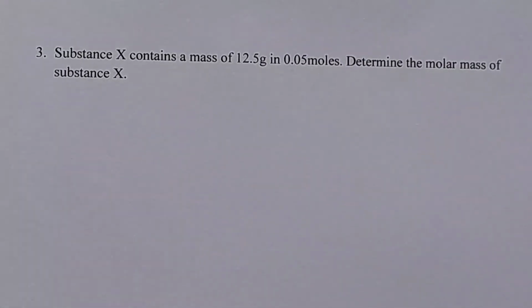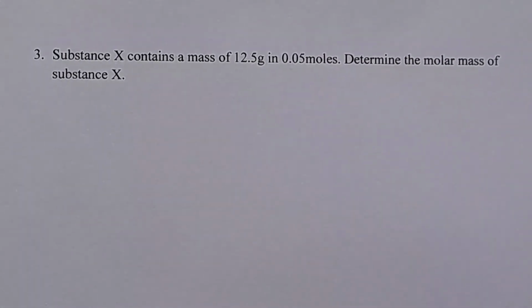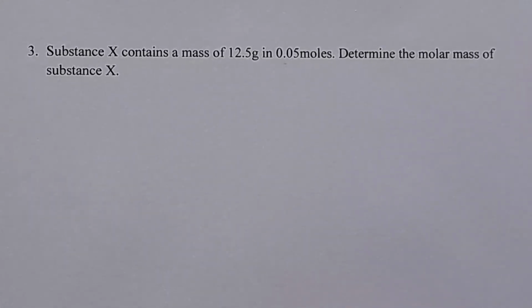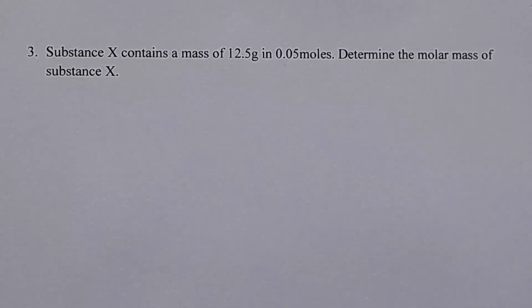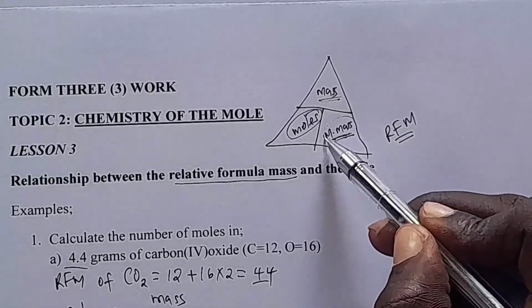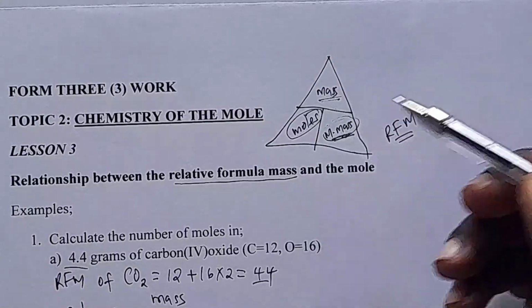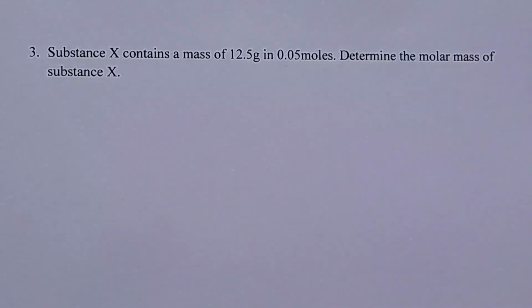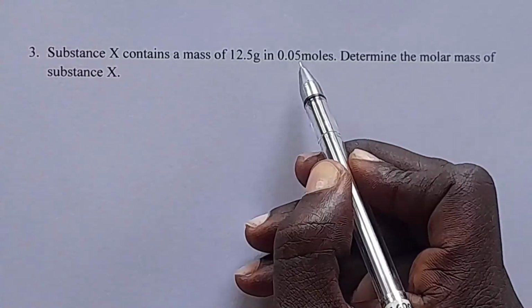In question number 3, we are told substance X contains a mass of 12.5 grams in 0.05 moles. So calculate the molar mass of the substance. Using the same triangular formula, if you are told to calculate or determine the molar mass, the formula will be mass divided by moles. Here I have been given the mass and the moles.